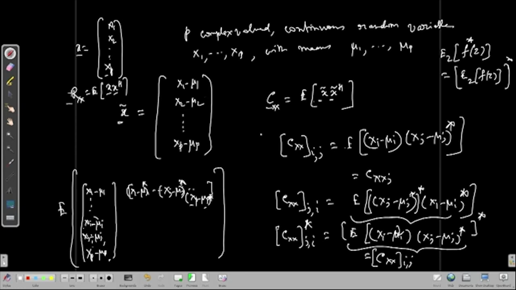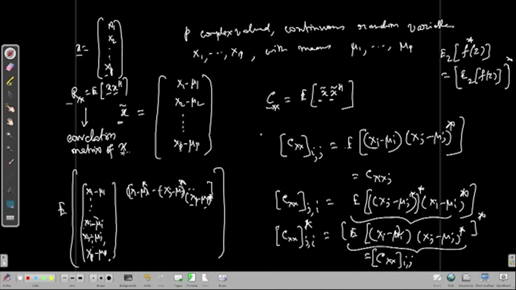When the mean is 0, both the terms are the same. By the same logic, this is again Hermitian. You can take the i,j-th and j,i-th elements, they are conjugates of each other. This is called the correlation matrix of x. This gives you the motivation for why you are going for Hermitian matrices.